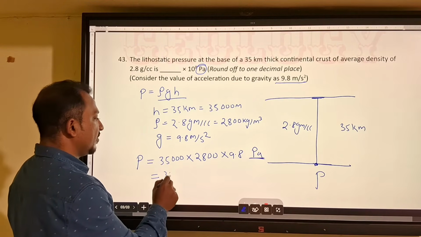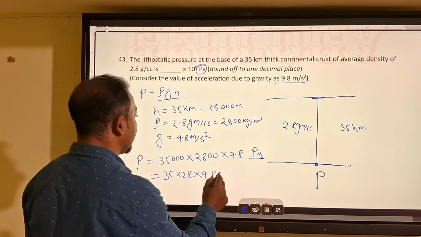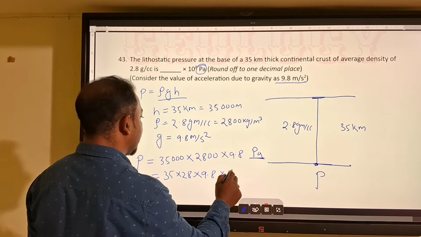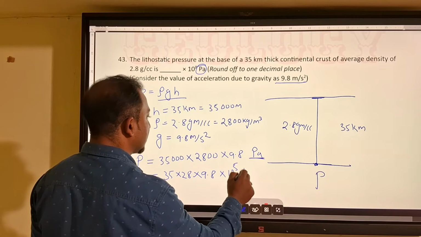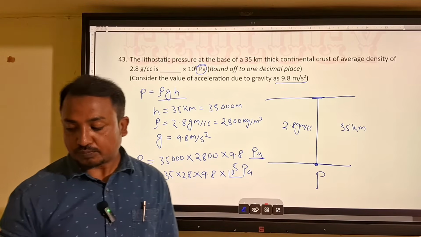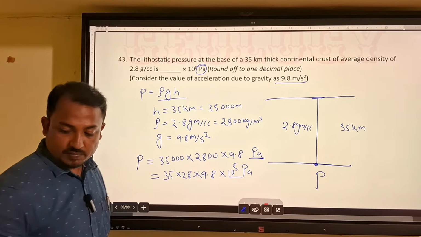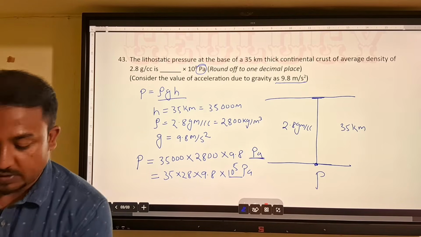Now we have 35 into 28 into 9.8 into 10 to the power 5 pascals. But the answer is asked in 10 to the power 8 pascal. Let me calculate this.